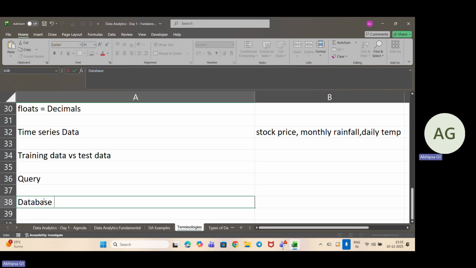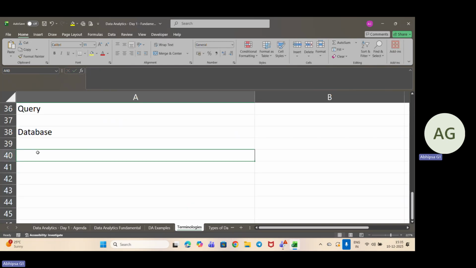Next, there is a term that is A/B testing. What is A/B testing? It is checking two versions to see which version is actually better for us, right?